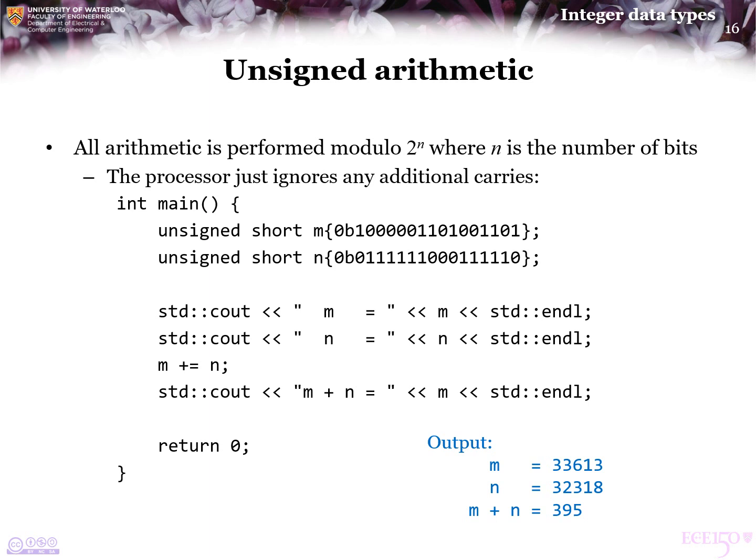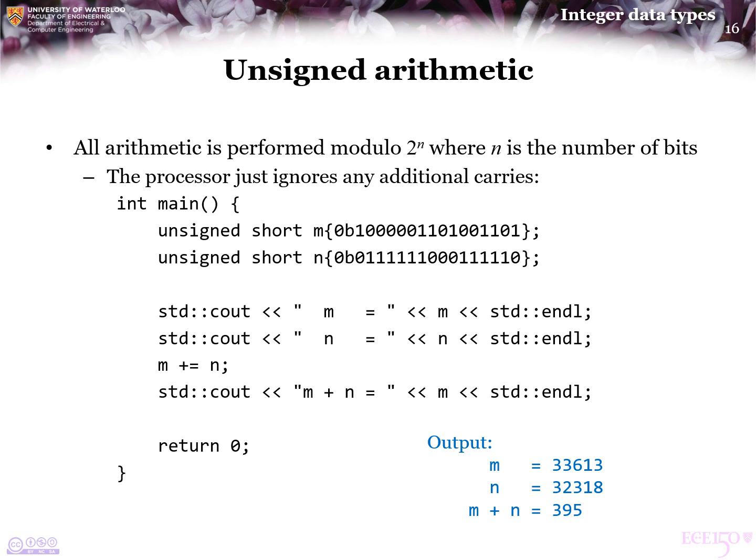Rather than writing them as numbers, I've written them in binary, and m and n are initialized as shown here. I then print out m and n, and then I add n onto m and print out that sum. As you can see here, m is 33,000 and change, n is 32,000 and change, but m plus n is 395.